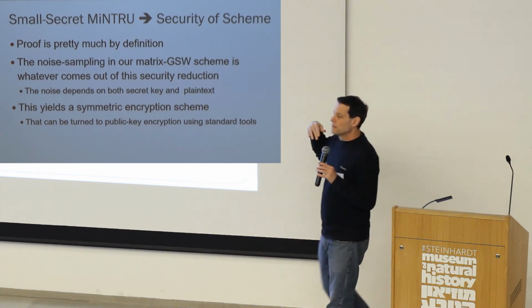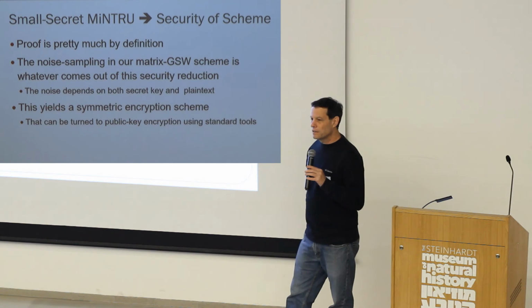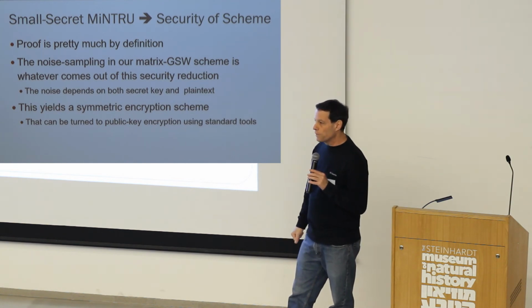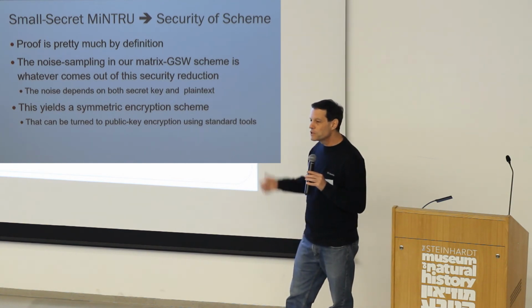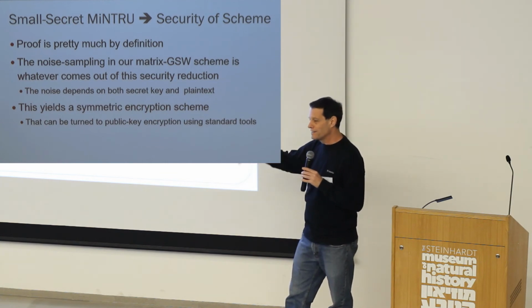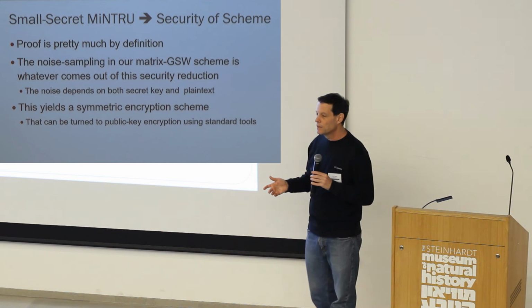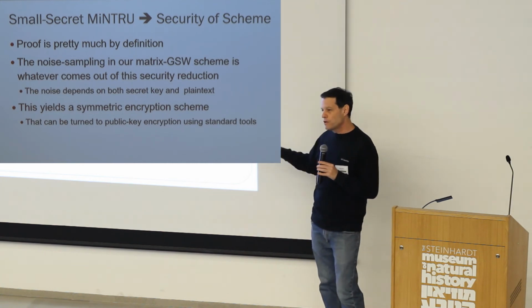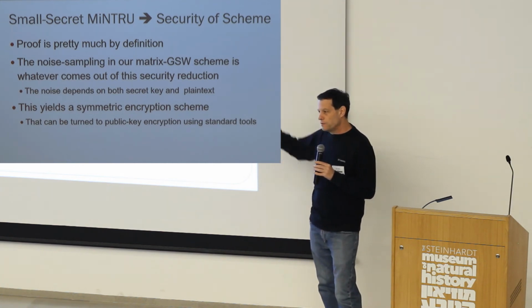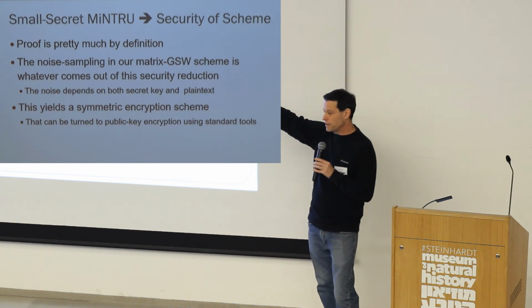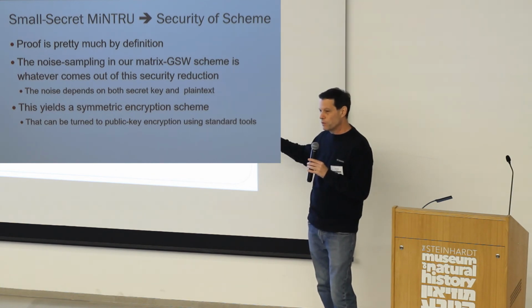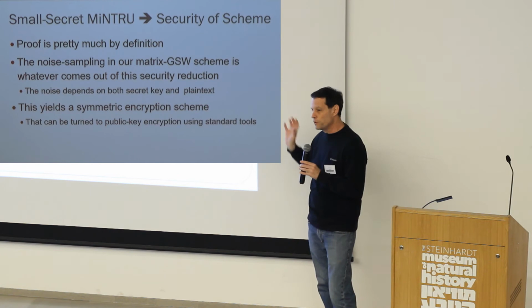And this assumption also implies security of the crypto system. There is no proof in this. You just write down the assumption and write down the crypto system, and you get the exact same thing, with the exception that if you start from the assumption and describe the crypto system this way, the way you choose the error turns out to be weird.